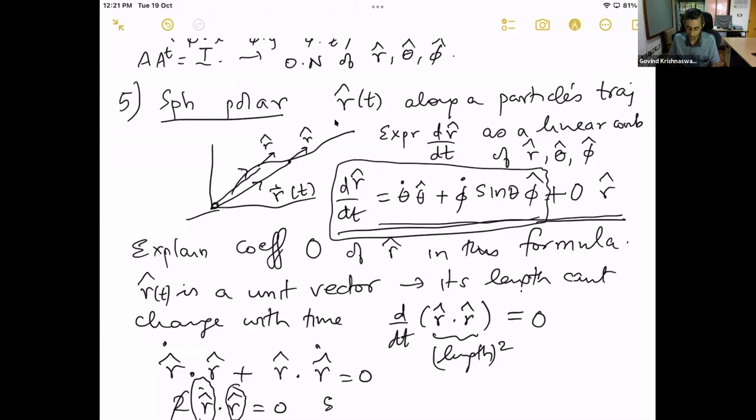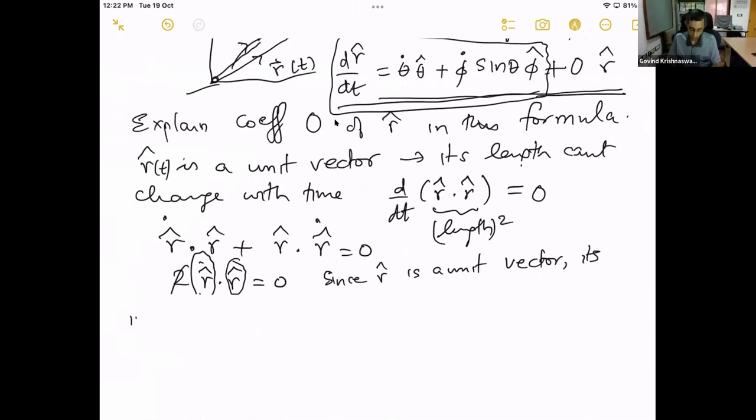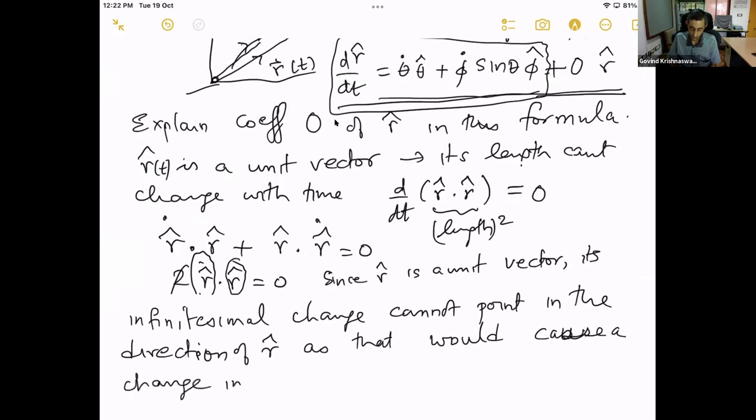So since r hat is a unit vector, its infinitesimal change cannot point in the direction of r hat, as that would cause a change in its length. So this is the essential point.